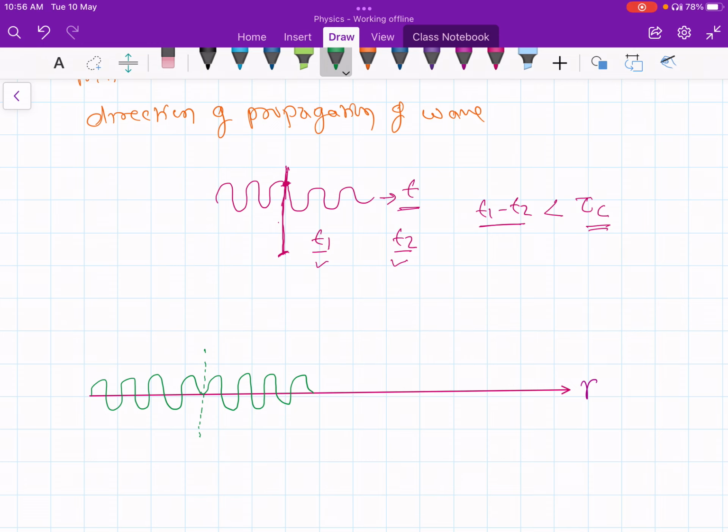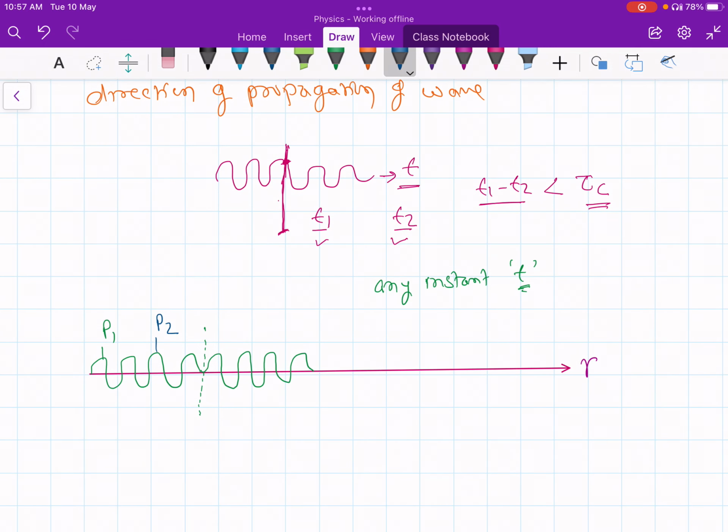Now, this we observed at any instant. So at any instant t, I can see the full waves, these two packets, and this is the r. Now here in this case, if I consider any two points, suppose this point is P1 and this point is P2.